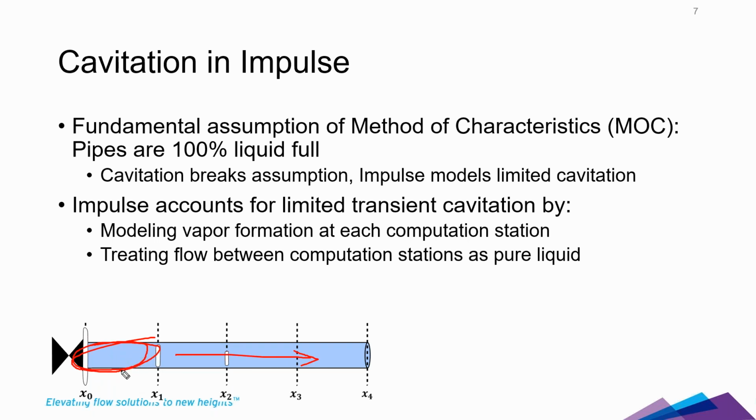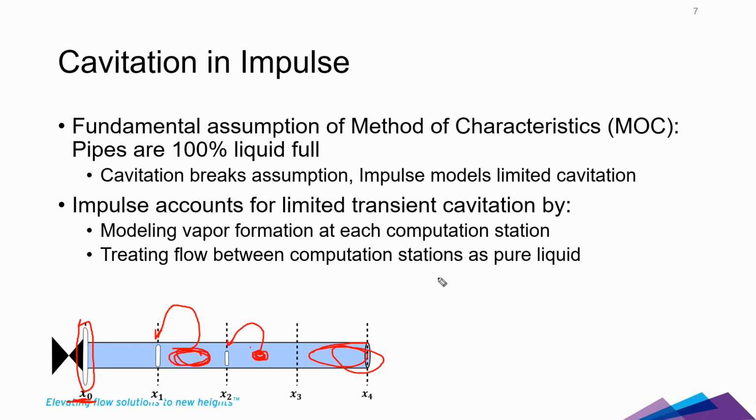It's going to pull a vacuum in this section of piping, and that's going to start a vapor volume growing inside the pipe. Well, mathematically, we are assuming that the vapor volume is local to this computation station, which is at the inlet of the pipe. And then maybe we have a little bit of vapor volume in this section right here. Well, that section volume is calculated at this station. And then in this station, you have a little bit less vapor volume, and that's going to be captured at this computation station. And then down the rest of them, there's no more cavitation that's happening.